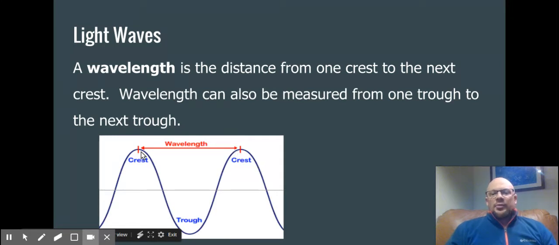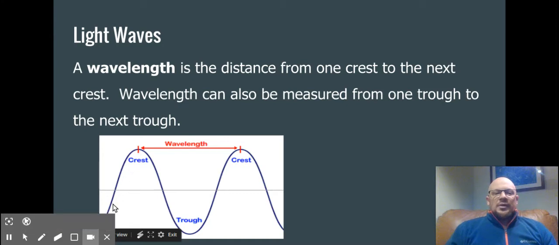And then wavelength is just the distance from one crest to another. In a sound wave, you're measuring compressions and rarefactions. In a light wave or transverse wave, I think it's a little easier to measure because you just measure from the top of one to the top of the other. You can also do from the bottom of the trough to the bottom of the next trough. But basically, you're just measuring where it repeats.